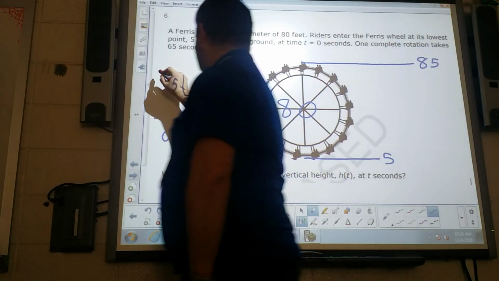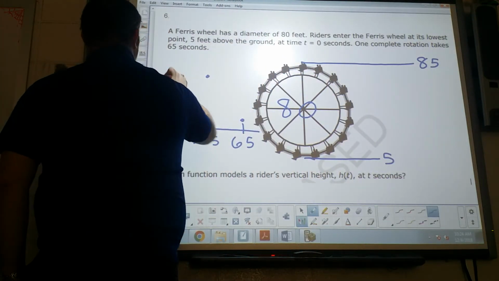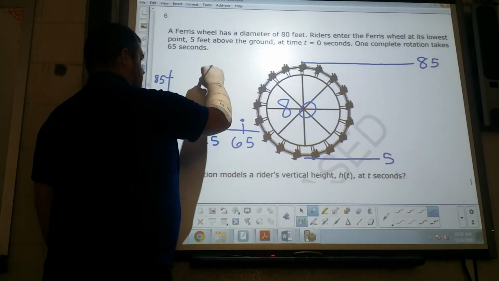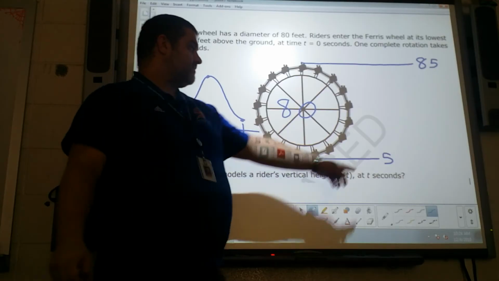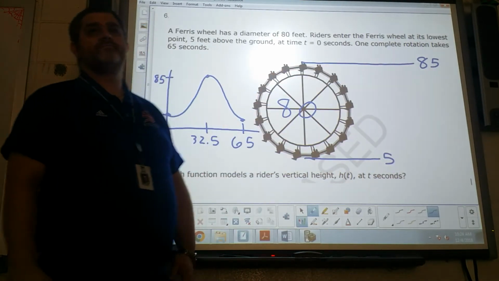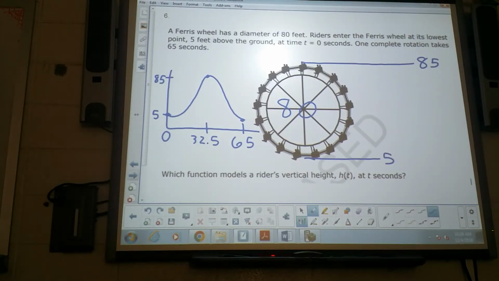I said 85. Not exactly, because it starts 5 feet off the ground. It goes 80 feet up, and that's 5 feet up. Is that a little better?